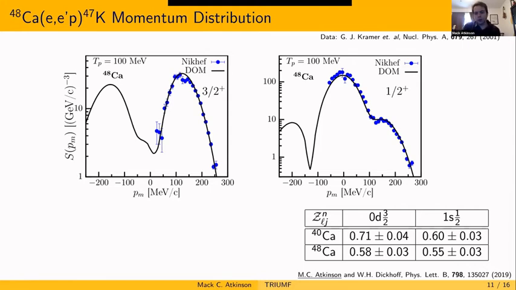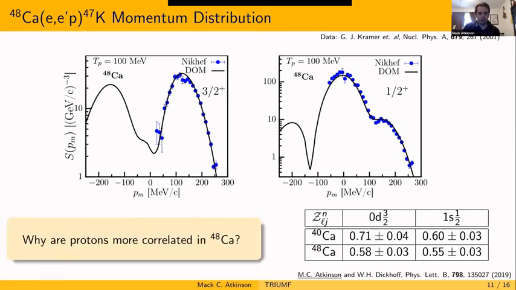Again, the same number of protons, the only difference is there's 8 more neutrons in calcium-48. So if you have a lower spectroscopic factor, it means that your system must be more correlated. So why are we seeing that protons are more correlated in calcium-48?